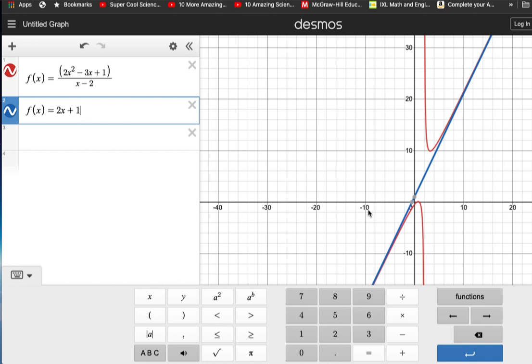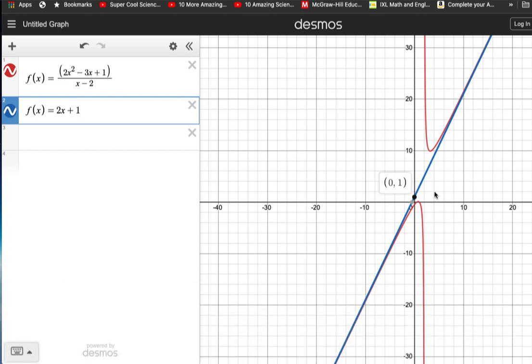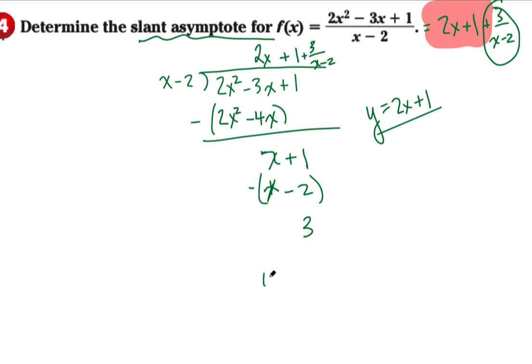And so this 2x plus 1, you could see the graph will continue to approach 2x plus 1, but it will never actually get there. Kind of cool, huh? So that's a slant asymptote, and we saw how we got it by doing that long division of polynomials. So again, the slant asymptote for this one would be y is equal to 2x plus 1.